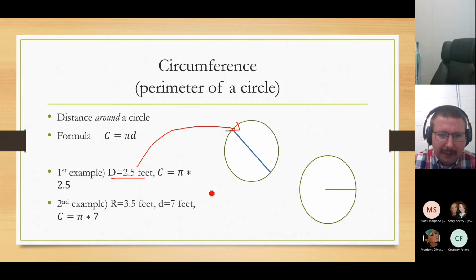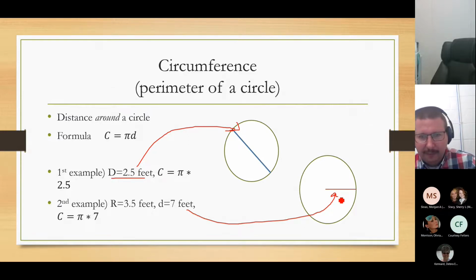But for my second one, I only gave you the radius. Radius is 3.5. Don't you dare hit pi times 3.5, because this formula says pi times diameter. Diameter is not what was given.